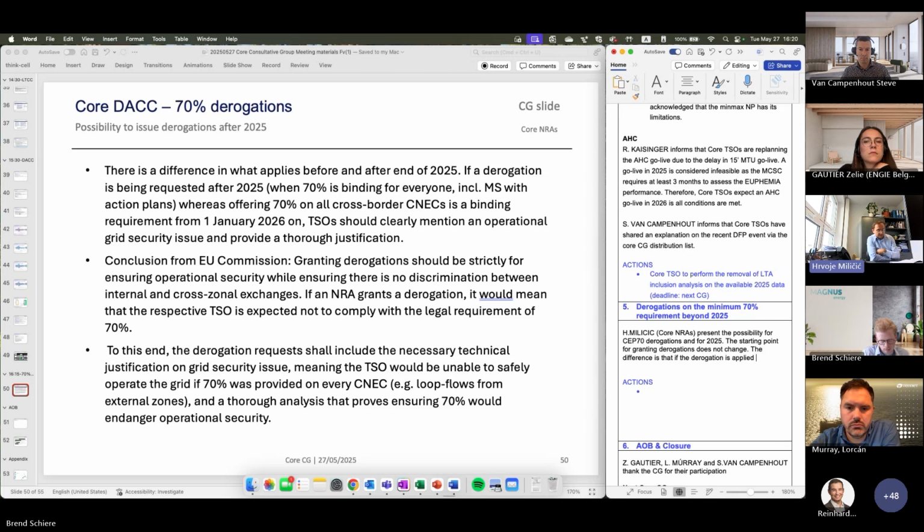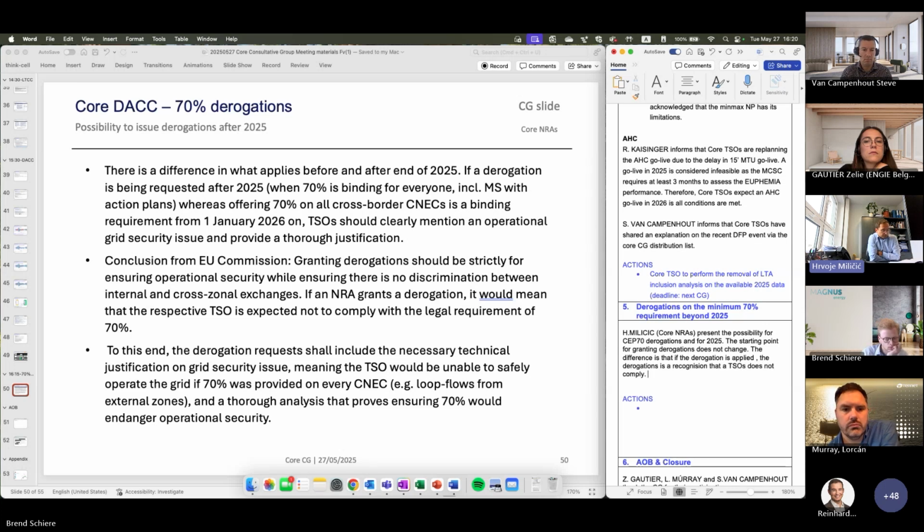And the fact that the member state does not comply with the 70% target means that the member state is not complying. So that means that TSOs should clearly state that by complying with the 70% requirement, they are unable to safely operate the grid.